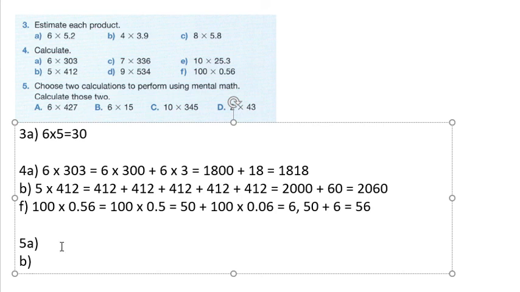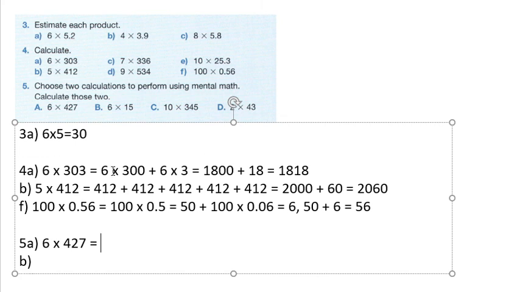Number 5. 5 is asking, choose 2 calculations to perform using mental math and then calculate. We will do A and B. So 6 times 427. We could use any of the methods that we used up here. They're all good. They're all valid.